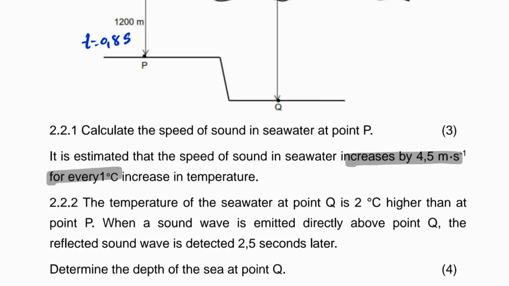Now, if it's 2 degrees higher, for every 1 degree, it increases by 4.5. So if it's 2 degrees, it will increase by 4.5 plus 4.5, which is 9. So it means that it increases by 9 from P to Q. The speed increases by 9.